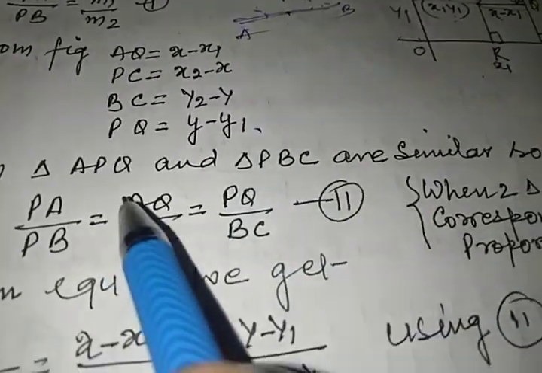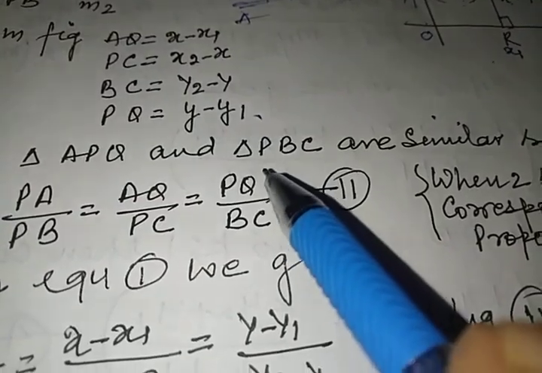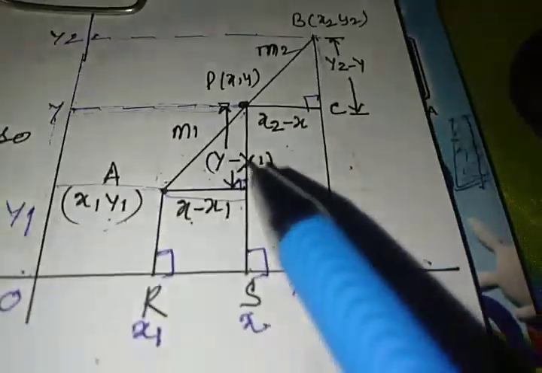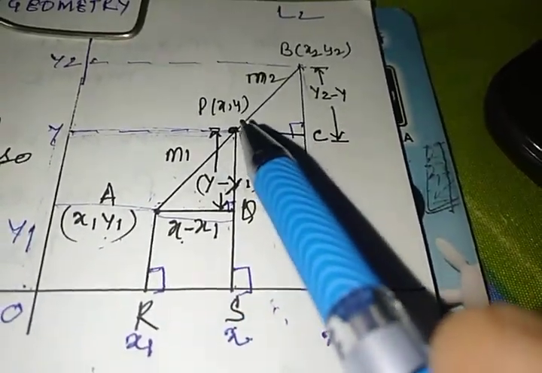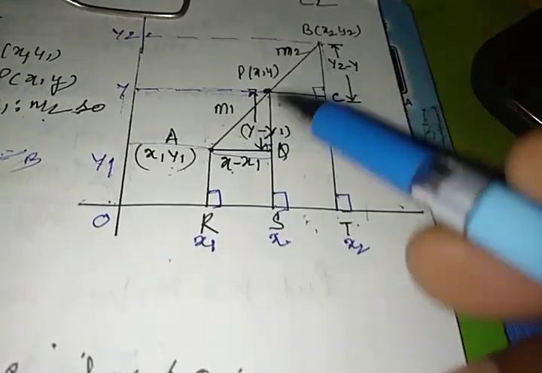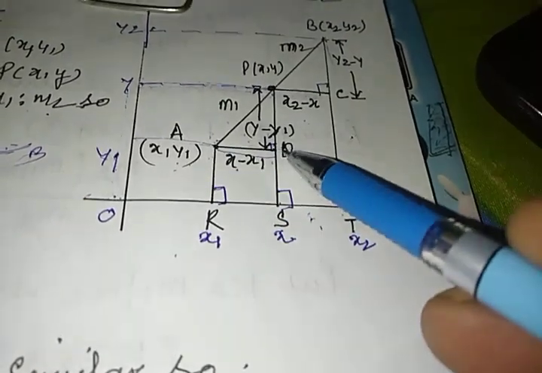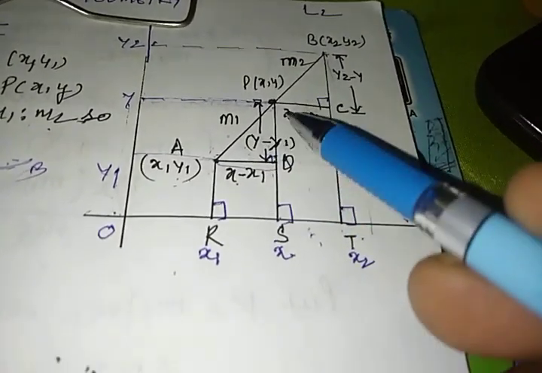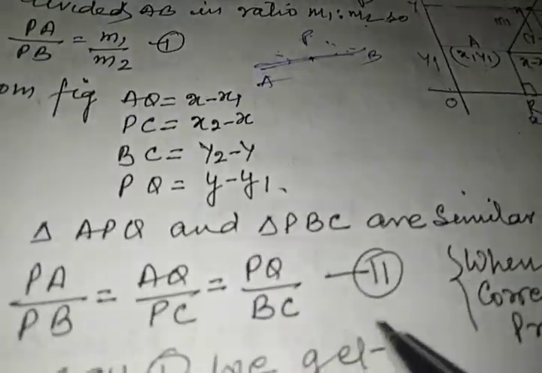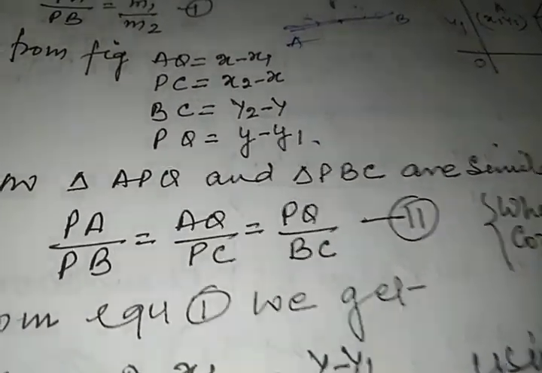Now triangles APQ and PBC are similar. So what we have: PA upon PB will be equal to AQ upon PC equal to PQ upon BC. See, all are written here.